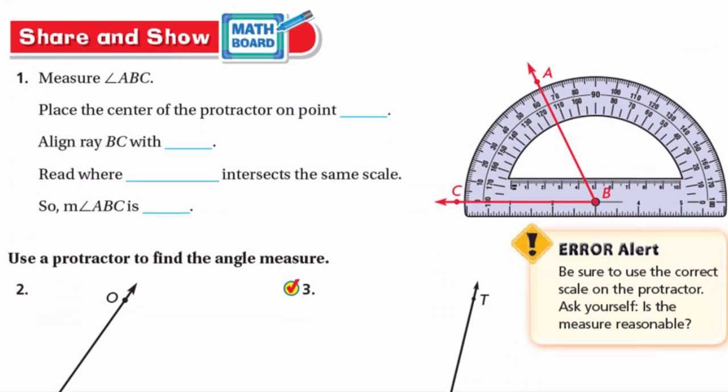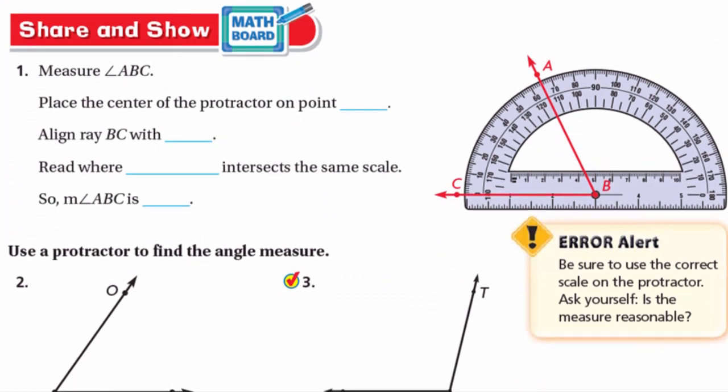And now, share and show. Measure angle ABC. Place the center of the protractor on the vertex, so on the point B. Align ray BC with the 0-degree mark.